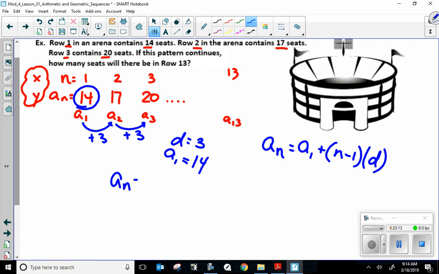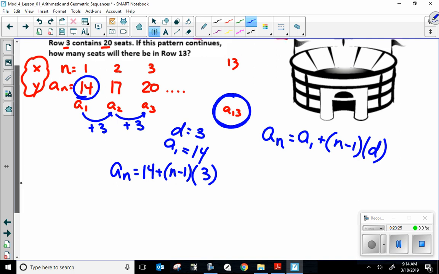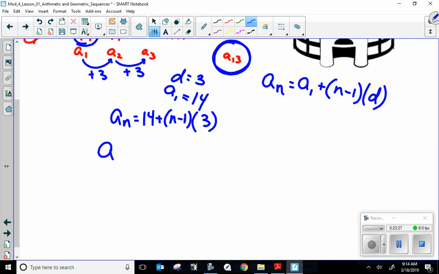Now, here you go. They want to know A13. So, guess what I do? If they want to know A13, that means my n is 13. That means I need to put 13 in for my n.